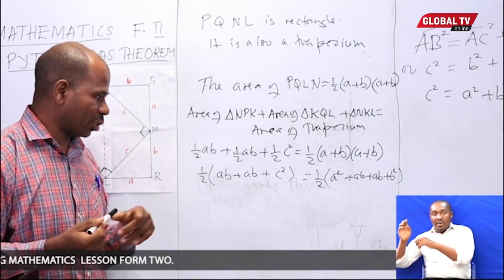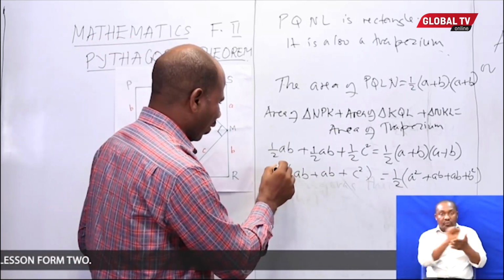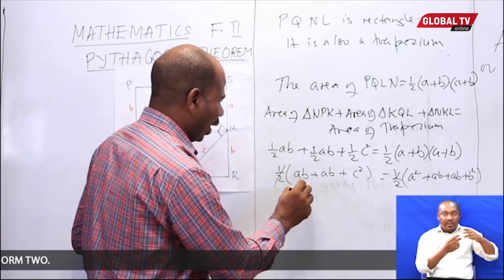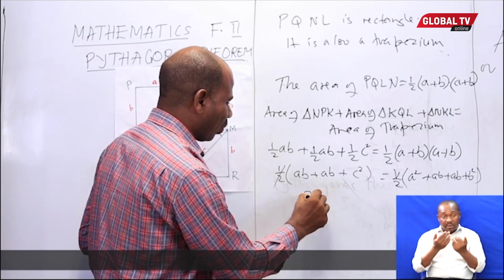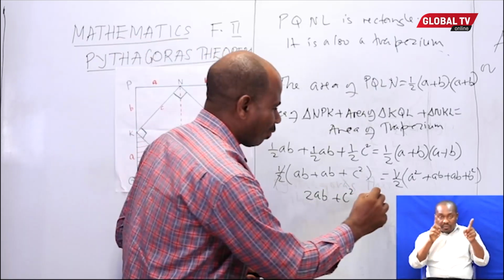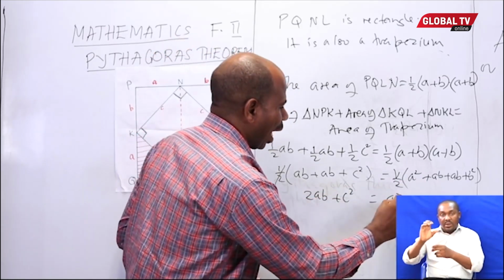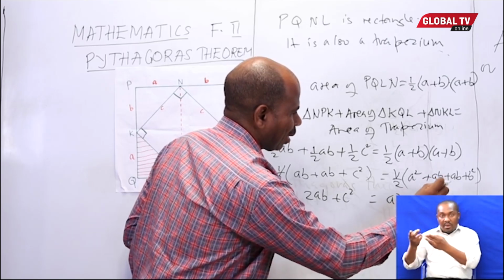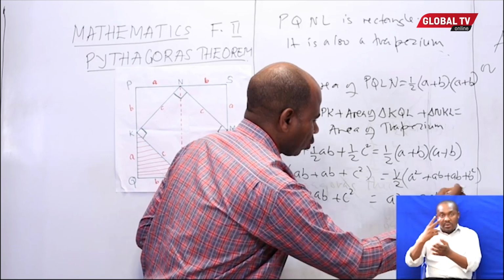But it is possible to cancel the half on both sides. So you can cancel this half and that half, and the remaining part is AB plus AB, which is 2AB, plus C squared, is the same as having A squared for this side, and AB plus AB is 2AB, plus B squared.